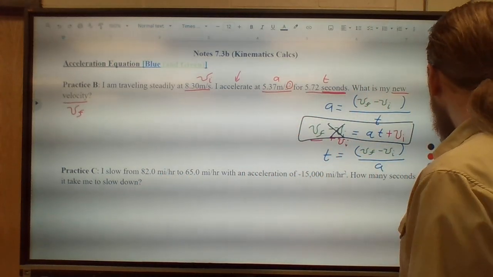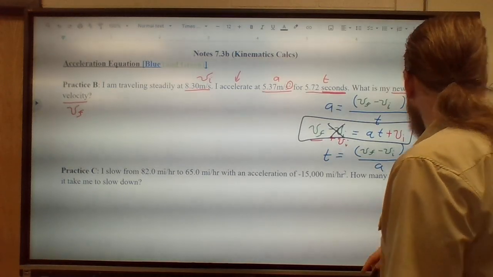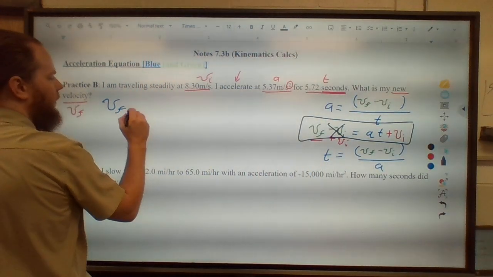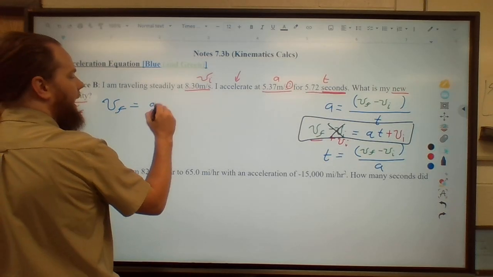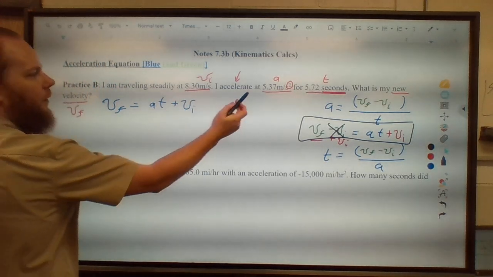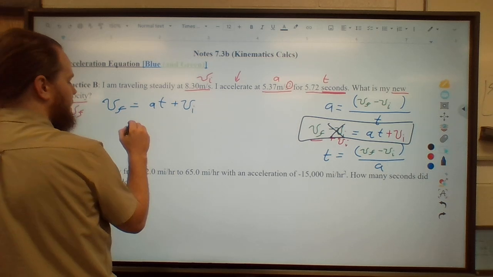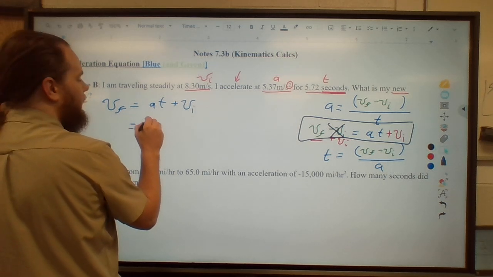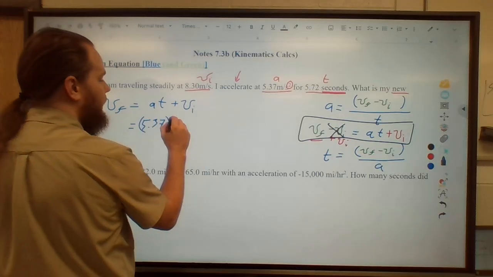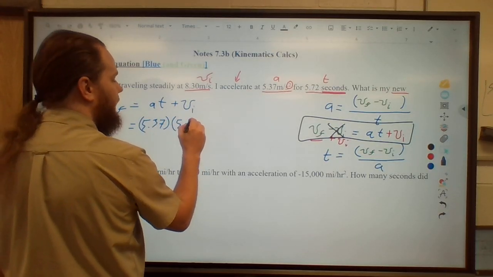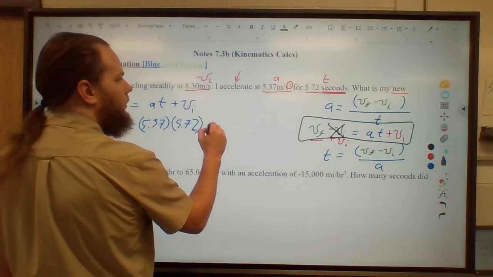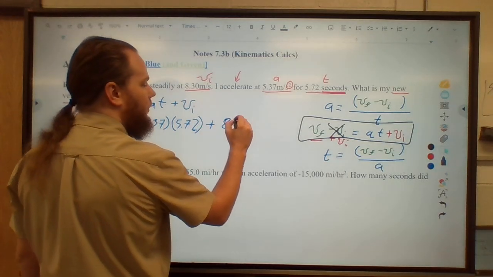So, our equation is Vf equals At plus Vi. Therefore, A times T is going to be 5.37 times 5.72 plus 8.30.